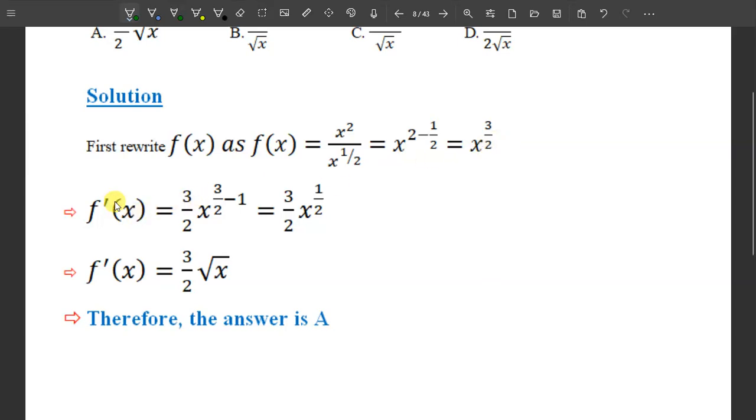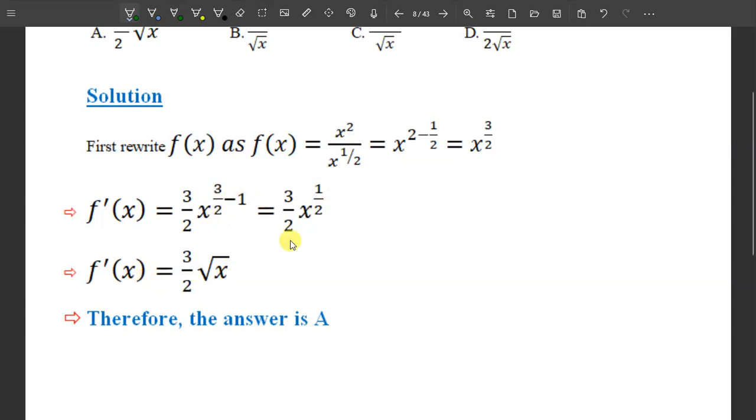Now apply the derivative. The derivative of x to the power of 3 over 2 means f prime of x is equal to 3 over 2 times x to the power of 3 over 2 minus 1. And then we have 3 over 2 x to the power of 1 over 2, since 3 over 2 minus 1 is 1 over 2.